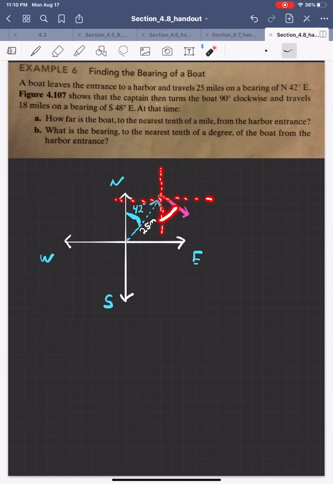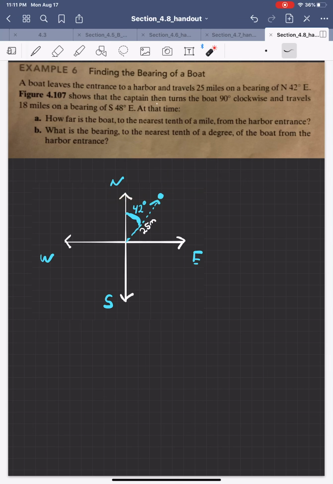I'm trying my hardest to not lift my stylus. So from here, because you're trying to figure out how do I go south 48 degrees east from this point. And my suggestion again was just pretend like you have a coordinate system here. All right, and now let's go ahead and do it. So from south, we want to rotate 48 degrees in the east direction.